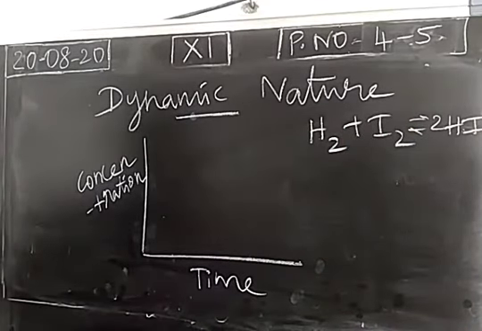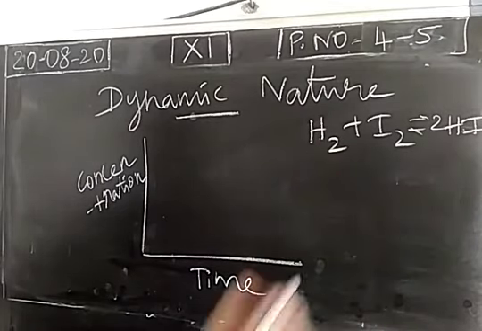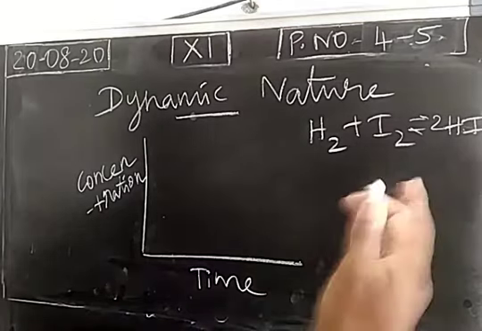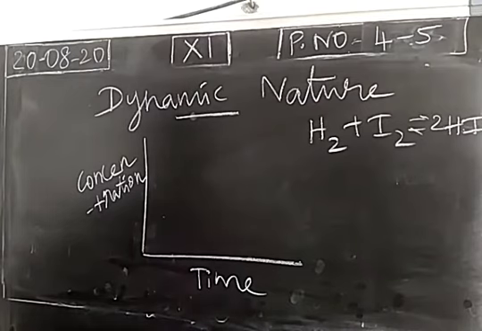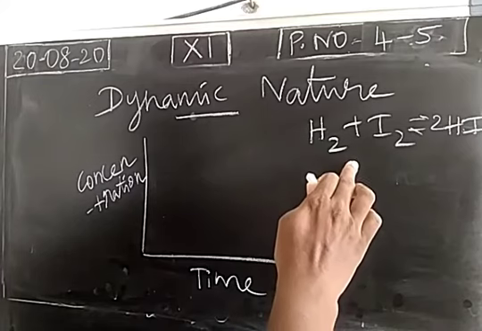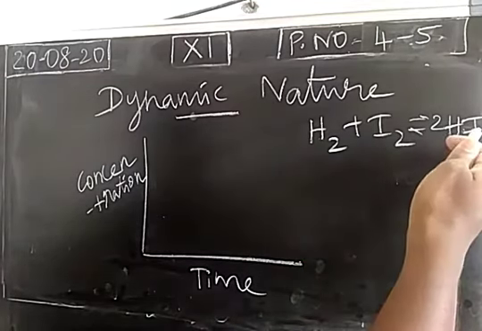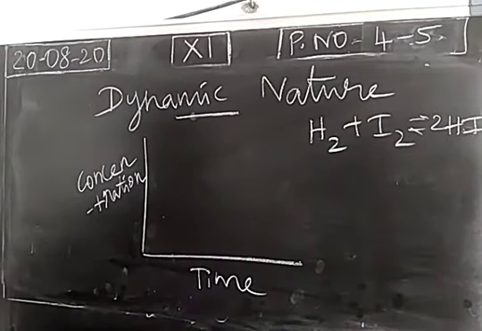The forward reaction is the formation of hydrogen iodide and the backward reaction is the production of hydrogen and iodine gas. So this is a reversible process. As we discussed, during the forward reaction, concentration of reactant decreases, concentration of product increases. I explained already, from 100%, concentration of reactant decreases. At the same time, concentration of product increases from 0% to 100%.